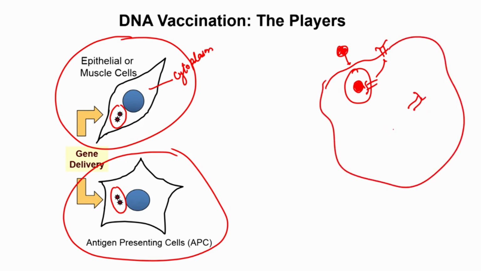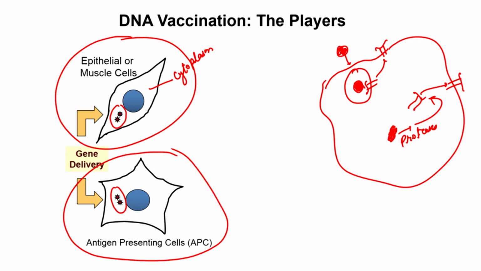Let us say here is your protein again, it gets degraded by the proteases, gets loaded onto these receptors that are expressed and are in the cytoplasm and going to the membrane, and that way you will trigger a different type of immunity.